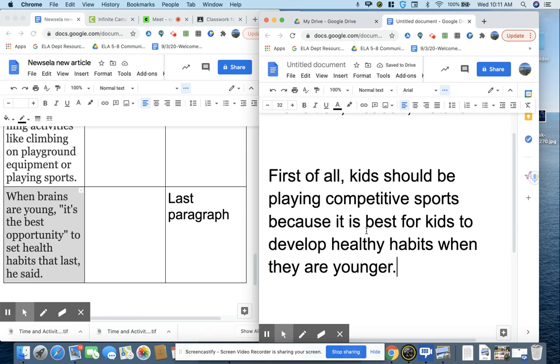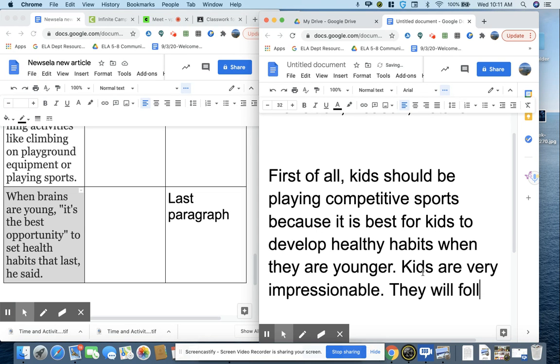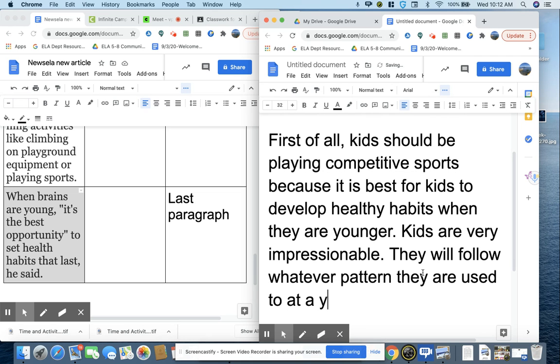Now I would talk a little more about what I feel about this. Kids are very impressionable. They will follow whatever pattern they are used to at a young age.